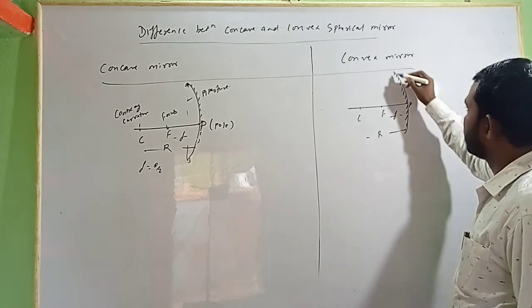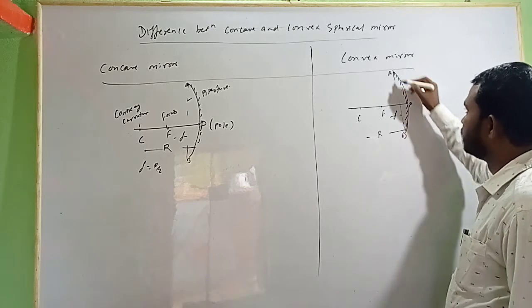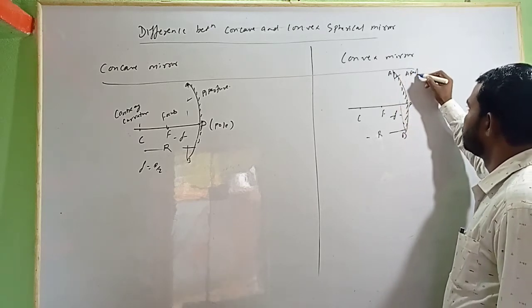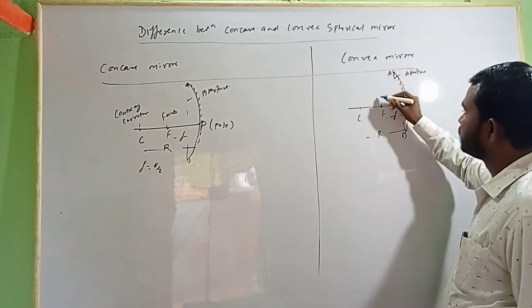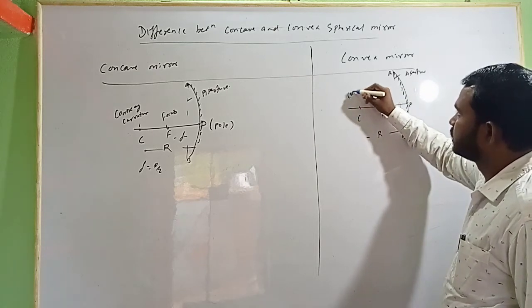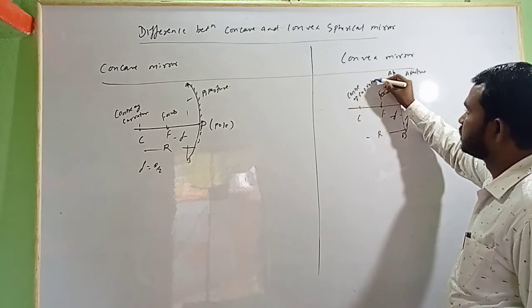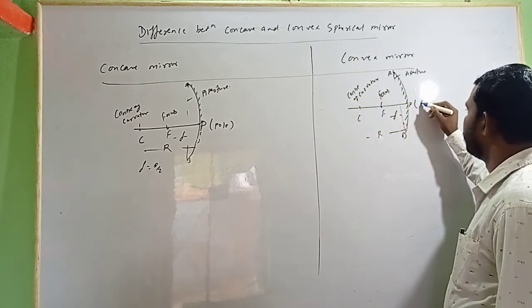Is it clear? This A and B will be the aperture. This is the focus, this is the center of curvature, and this is the pole.